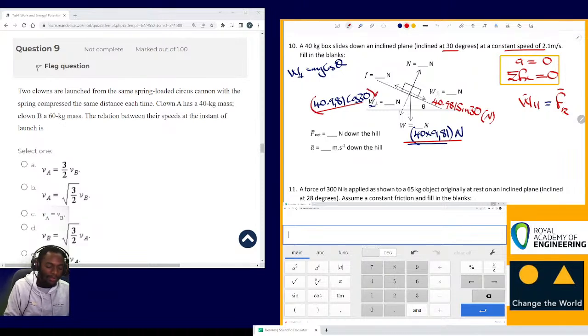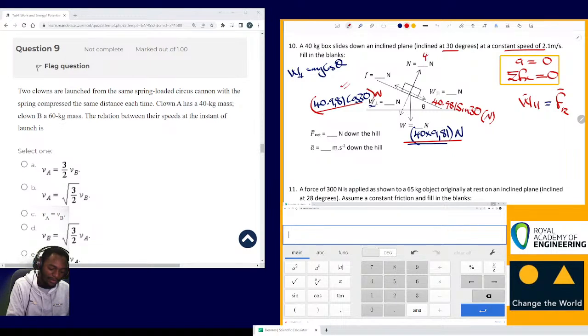So what is going to be the contact force? What then becomes our contact force? Again, we do not have a resultant force in the vertical direction, which means the contact force is going to be equal to this magnitude.